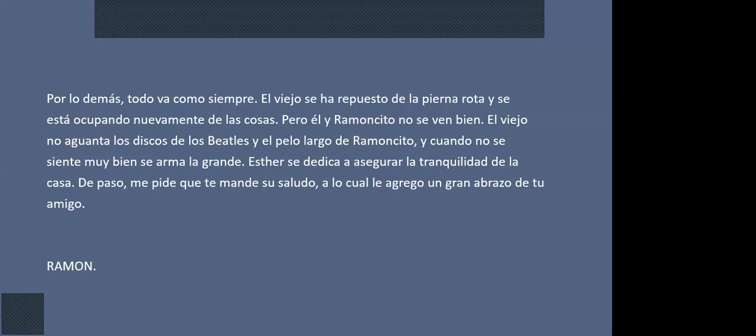And Ramoncito's longer hair, or long hair. And when he doesn't feel okay, we get in trouble here. So it's ensuring the peace of the house. And by the way, she asked me to say hello to you, to which I add a big hug from your friend Ramón. So we have a lot of sections that become very difficult.